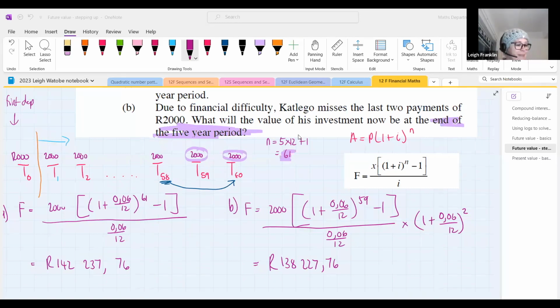Hello, ma'am. When you're doing that timesing with the brackets, how do you know when to do that? Okay, so you know that you need to do that if the regular payments stop and the money stays in the account, so it must earn compound interest.